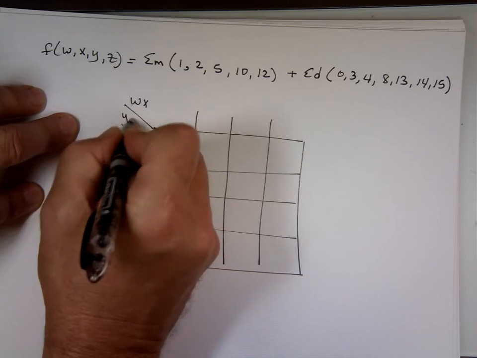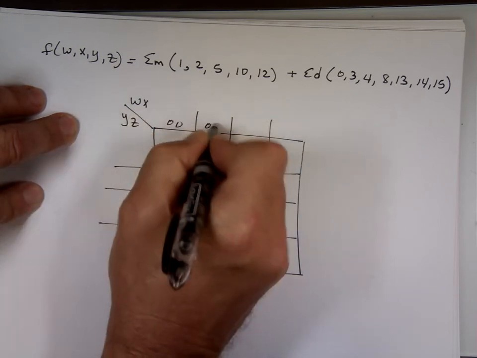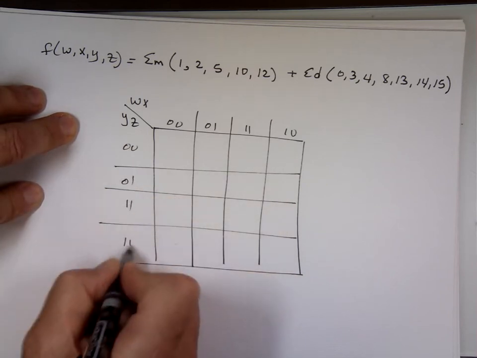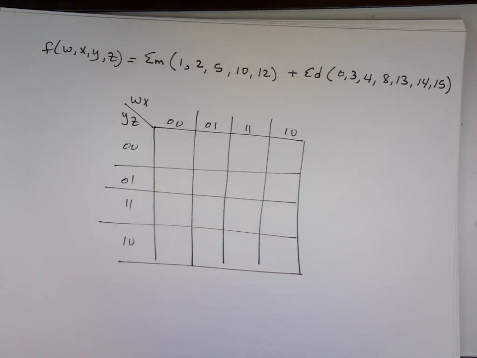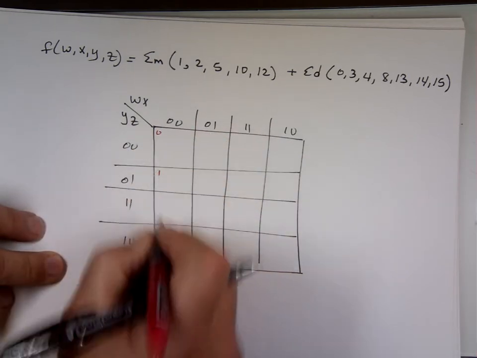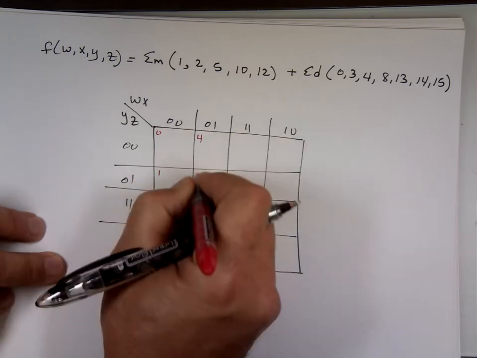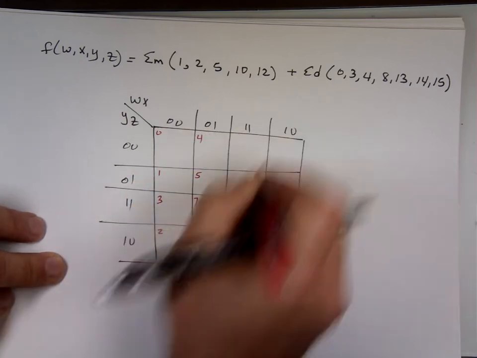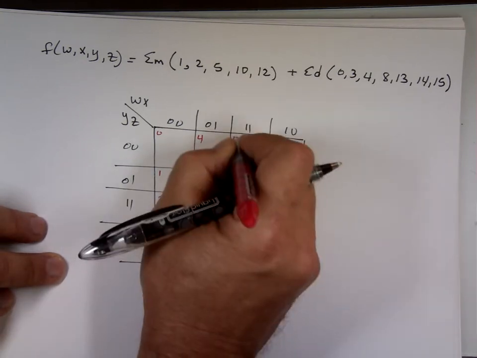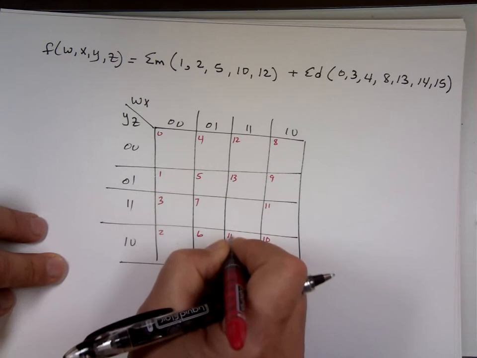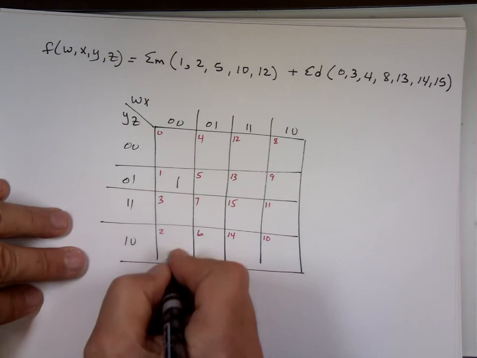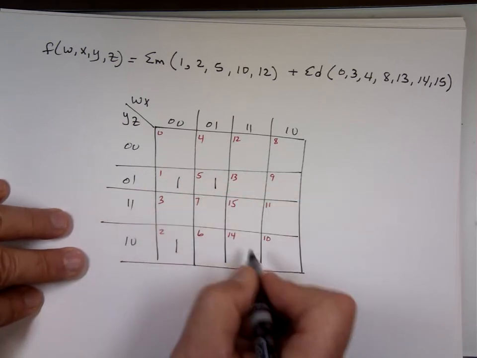wxyz. Again, 0, 1, 2, 3, 4, 5, 6, 7, 8, 9, 10, 11, 12, 13, 14, 15. 1, 2, 5, 10, 12.